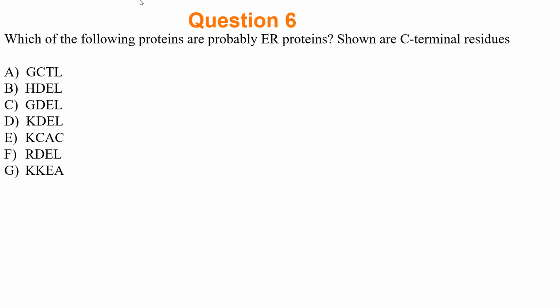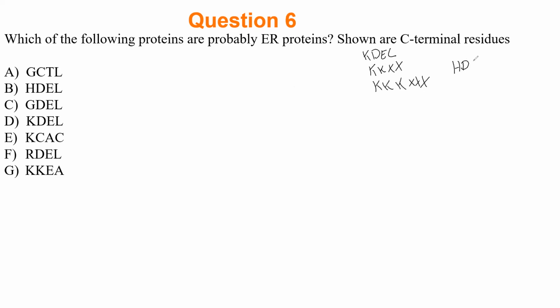All right, so let me end that and save it. So these ER resident proteins have the C terminus of KDEL or KK anything, anything, KKK anything, anything, anything.